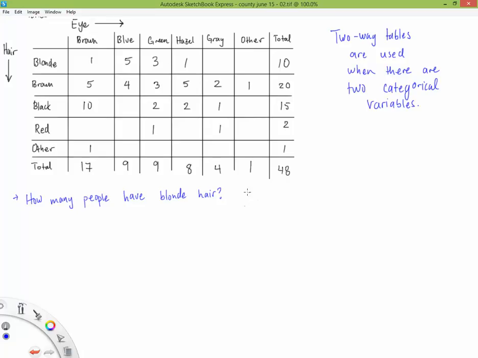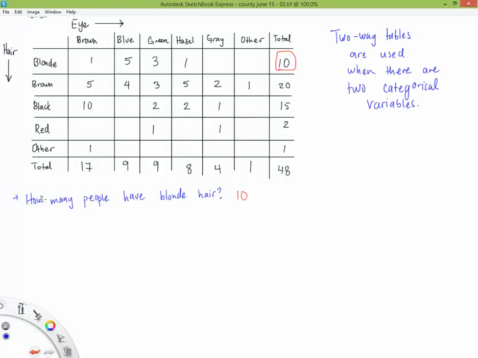Okay, and the answer is 10. We just look at the total number of people with blonde hair, right? That's easy, okay? Now, and if this total column was not provided, you could make it yourself, right? You just add up the row, okay?